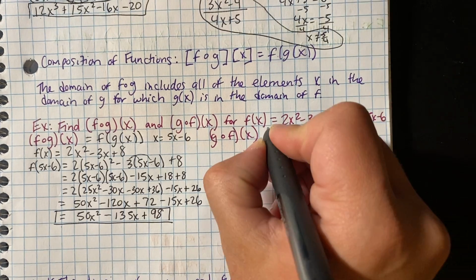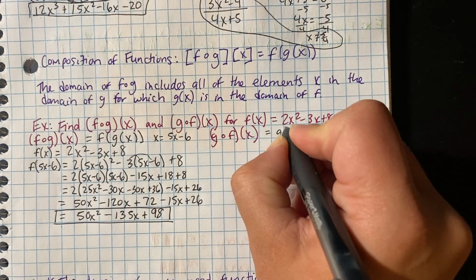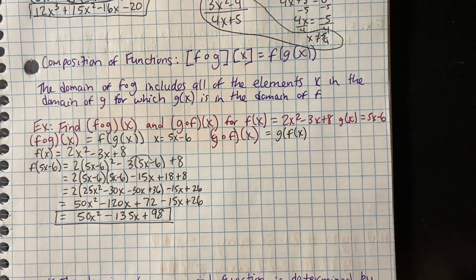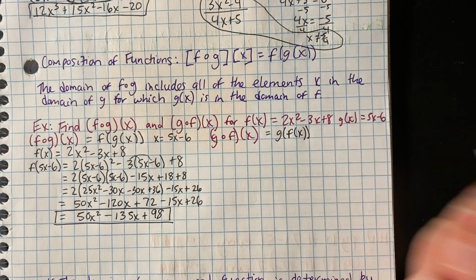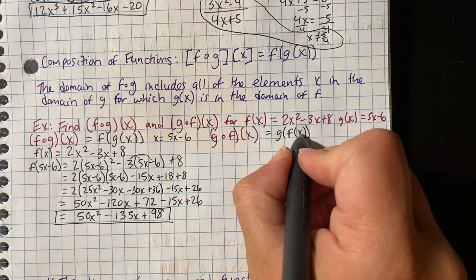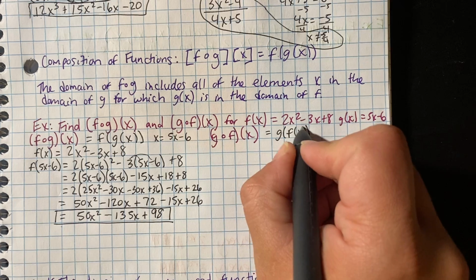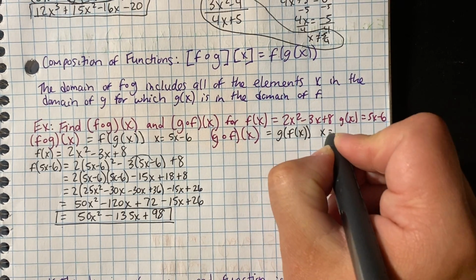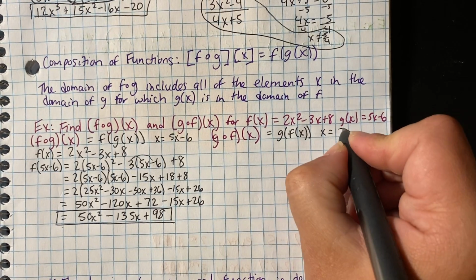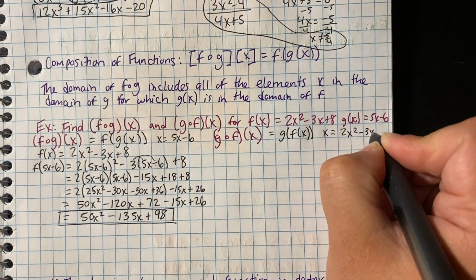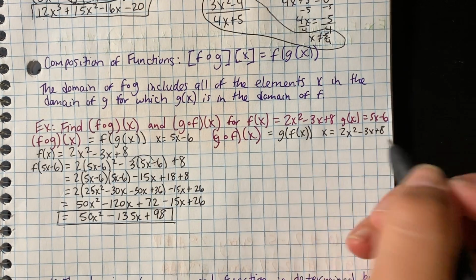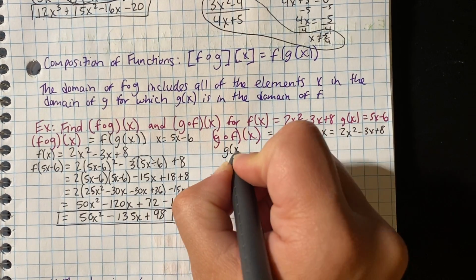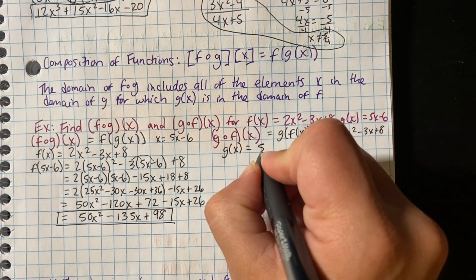It's okay. Okay, so this one is g of f of x, which means that we are putting f of x in, we're making x equal to f of x. Okay, so we're going to put that into it. So we'll write down g of x so we know what we're working with.